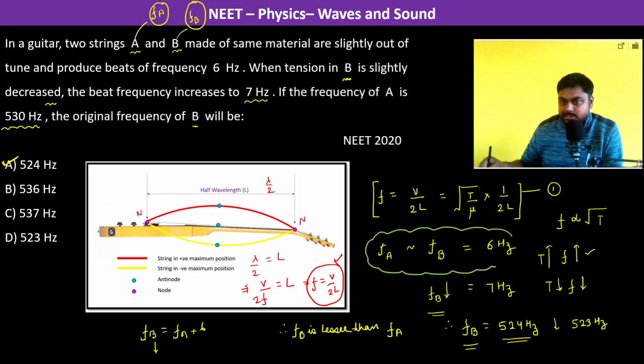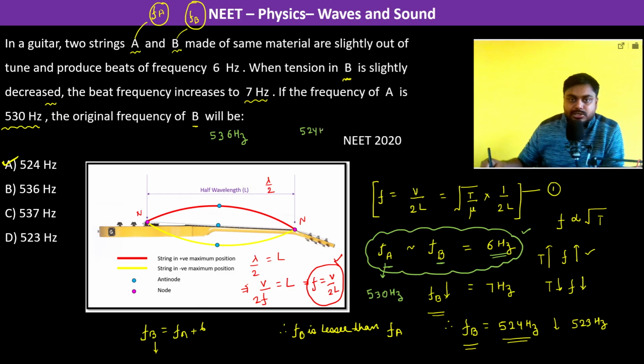Now using this, the difference between FA and FB should be 6 Hz, and FA is already given as 530 Hz. So FB can be either 536 Hz or 524 Hz.